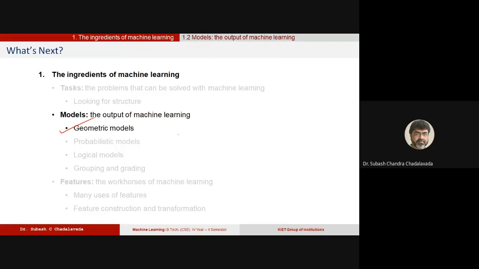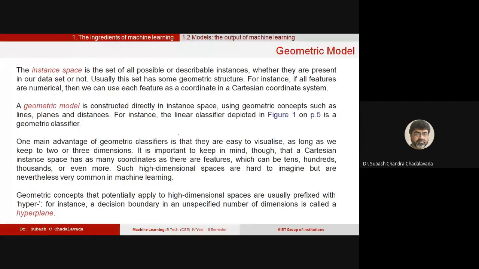Now, what is this instance space? So instance space is a set of all possible or describable instances that are available in our data set, right? And usually this set has a geometric structure, because instance space is more important in geometric models. So for instance, if all features are numerical, then we can use a feature as a coordinate in a Cartesian coordinate system, right?